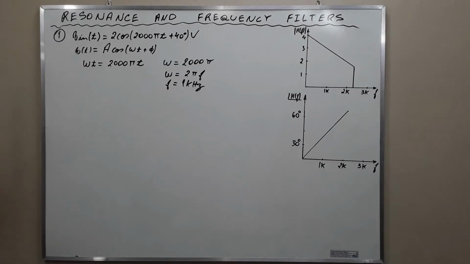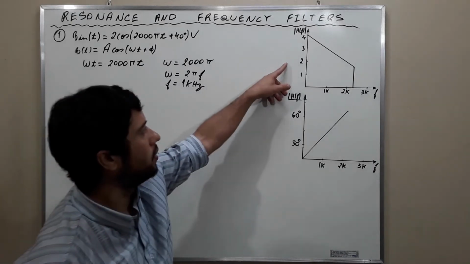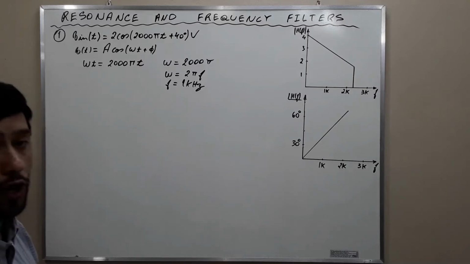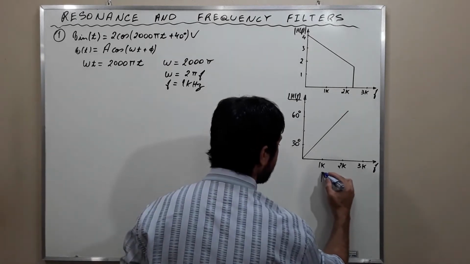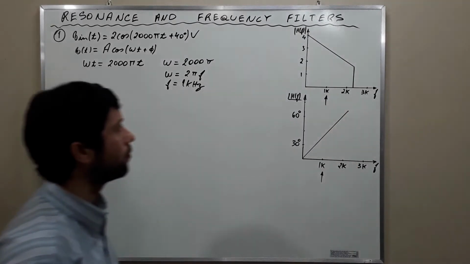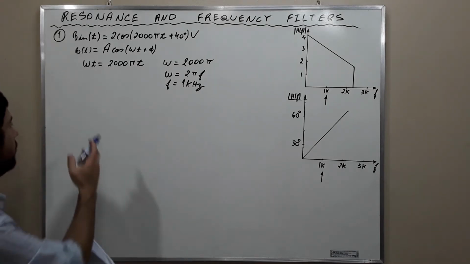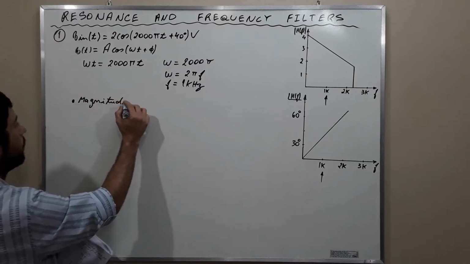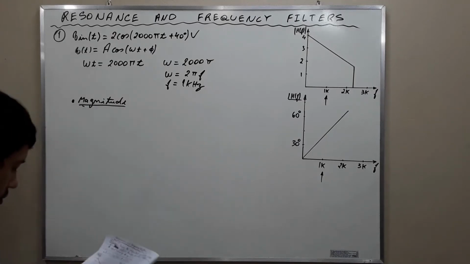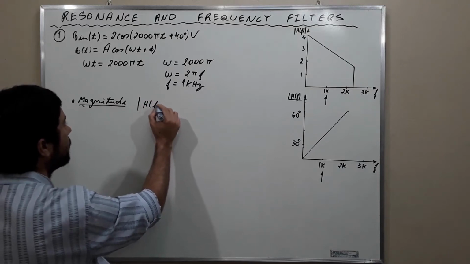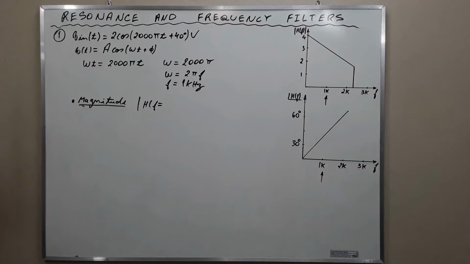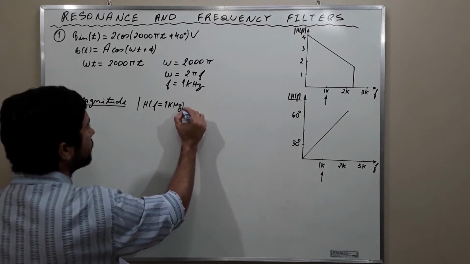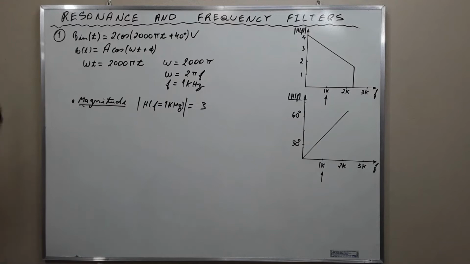Now, if we inspect the magnitude and the phase plots, we observe that for the frequency of 1 kilohertz, the magnitude of the transfer function is 3.